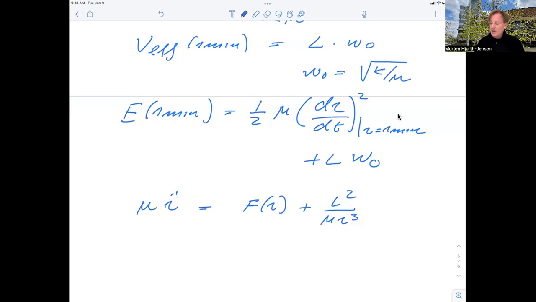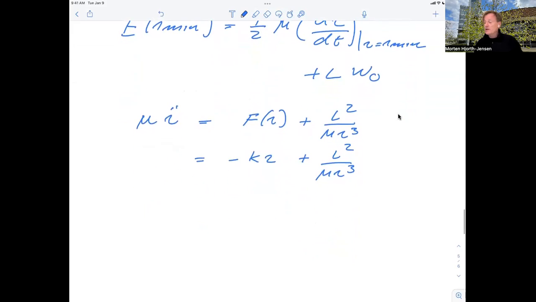Now, if we bring back the equations for the harmonic oscillator, this is equal to minus k times r plus L squared divided by mu times r cubed. And now we can ask ourselves, what is the value of the second derivative of r with respect to t evaluated at r equal to r min?